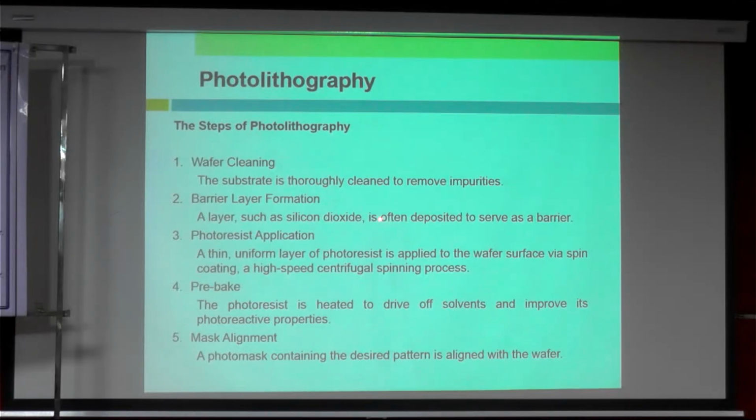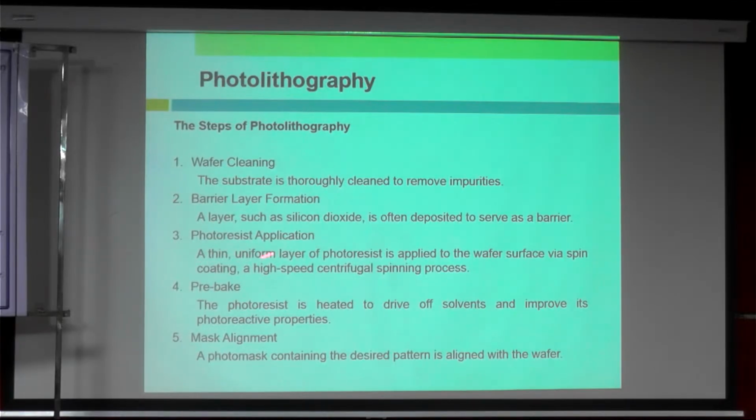The barrier means, if you want to have an electrical circuit on your device, then you have to have a barrier, because silicon is a semiconductor. Then silicon dioxide is your electrical insulator material. So that is silicon dioxide.